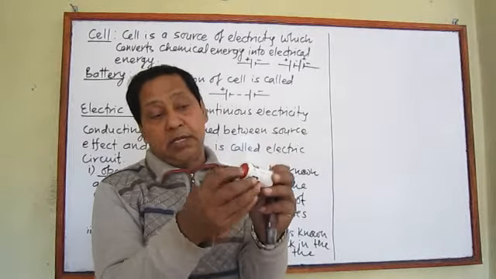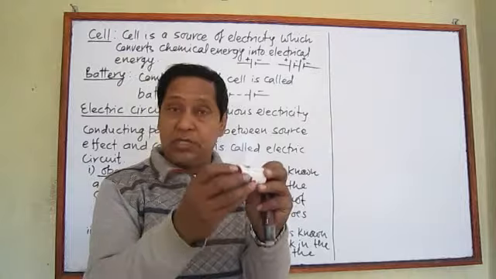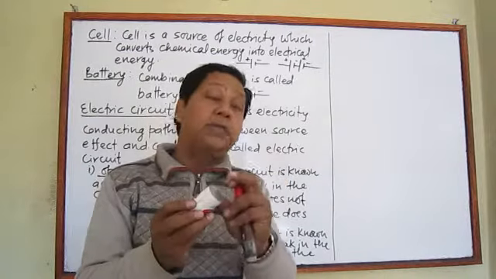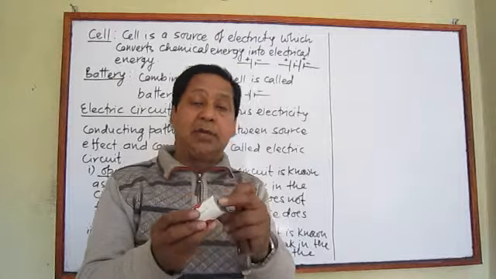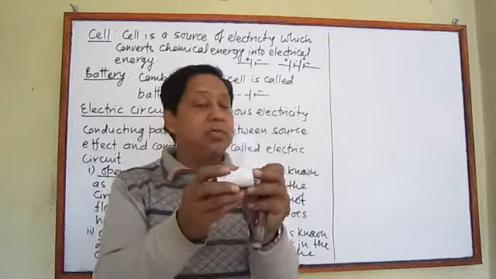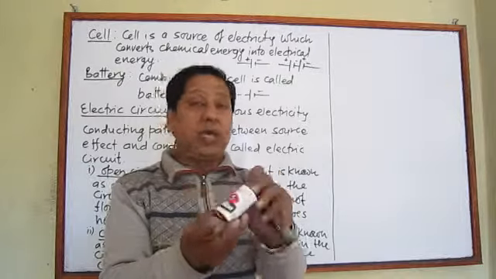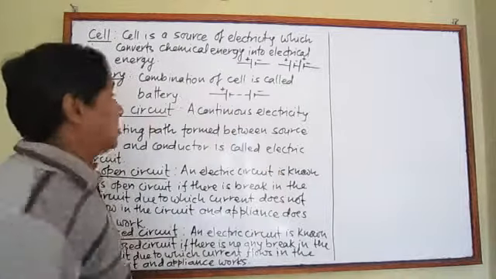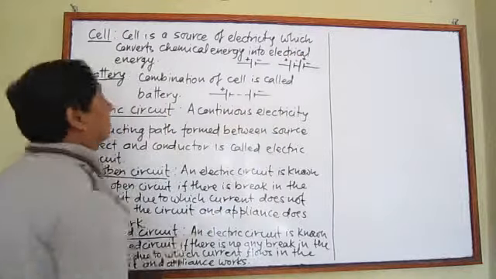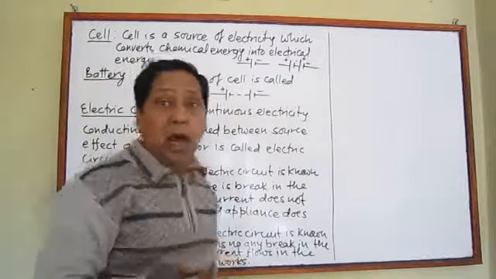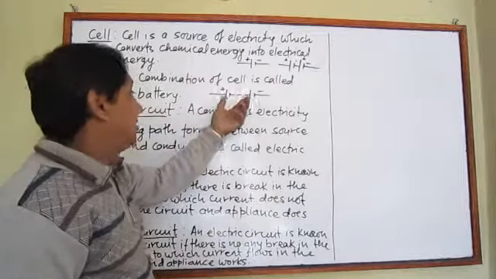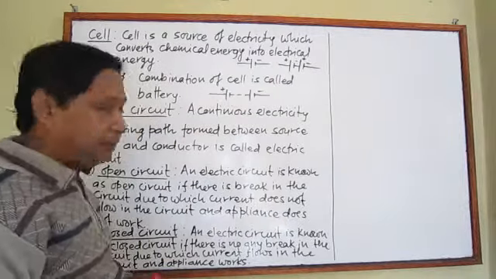Inside this metallic cover there is a carbon rod which becomes positively charged in this dry cell, and this part, which is the cover made of a zinc can, becomes negatively charged. This is represented by a long line, this by a short line, positive and negative terminal. This is one cell, this is two cells. In the same way we can connect three cells also, but if we don't want to say how many cells there are, we say battery, and this is the symbol for battery.